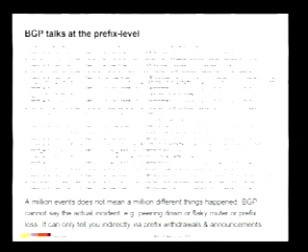That's because BGP can only talk at the prefix level. Probably a few things happened: a peering was lost, or some bunch of prefixes got a policy change and moved somewhere else. But there's no way for the protocol to tell you that 1 or 2 things happened. It can only tell you that 1 or 2 things happened in 1 million slightly different ways.